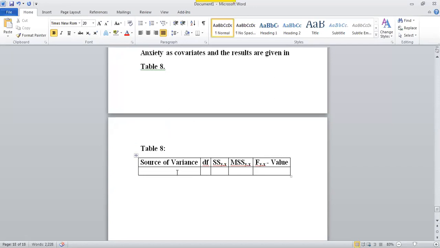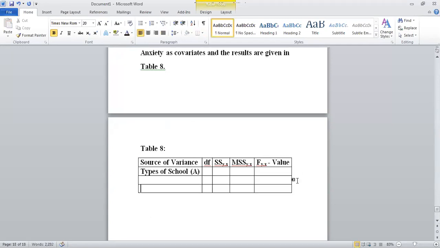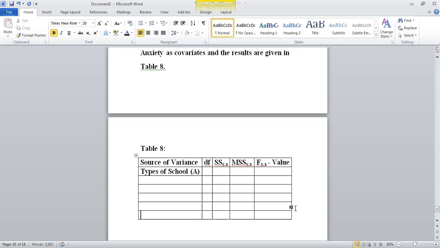Now, here I have first the types of school, and if I say A, I could have done it from there only, but don't worry about it.